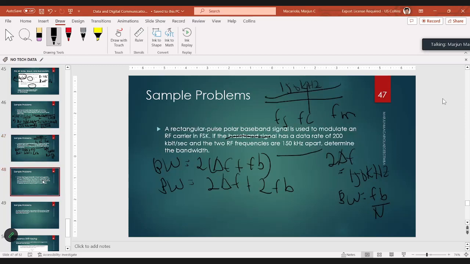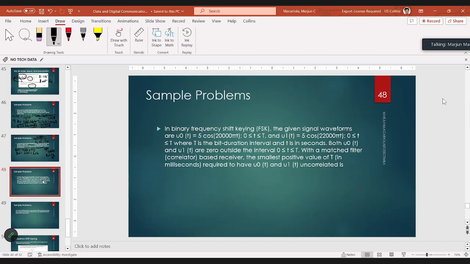Ayun. So next problem. In binary frequency shift keying, the given signal waveforms are u sub 0 of t is equal to 5 cosine 20,000 pi t, where t is greater than or equal to 0 but less than T, and u sub 1 of t is equal to 5 cosine 22,000 pi t, wherein t is again greater than or equal to 0 but less than T, where T is the bit duration interval and t is in seconds.